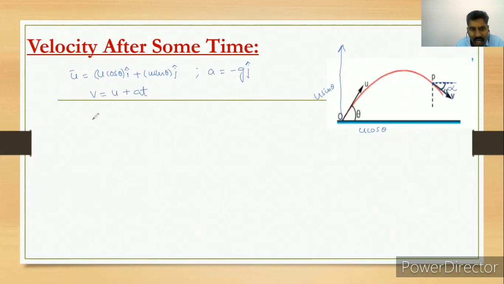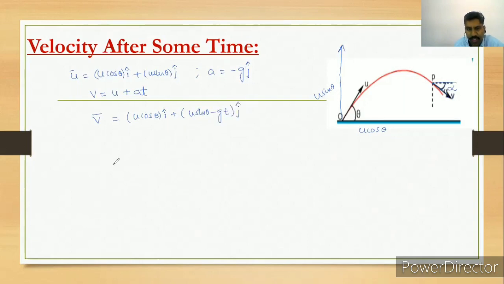So in this case, the velocity vector is equal to u cos theta i cap plus u sin theta j cap, already it is j, this is also j, so minus gt j cap.